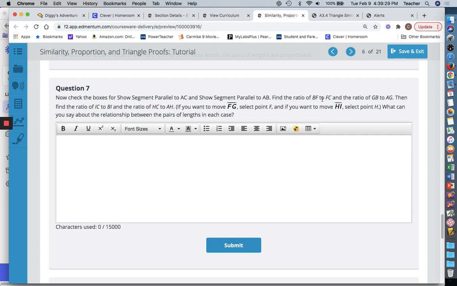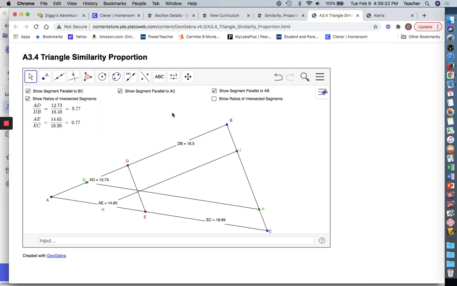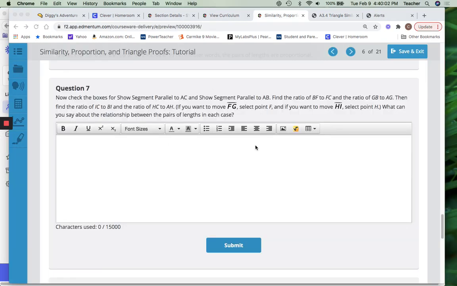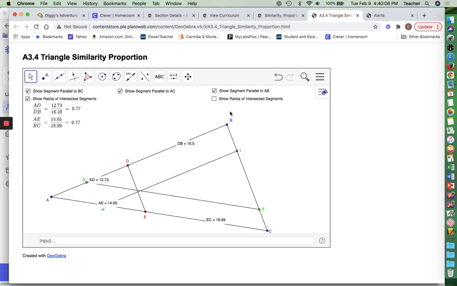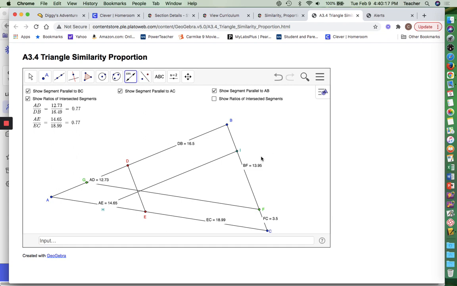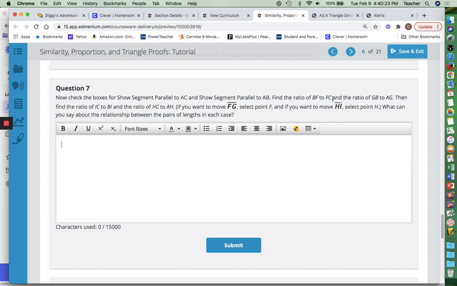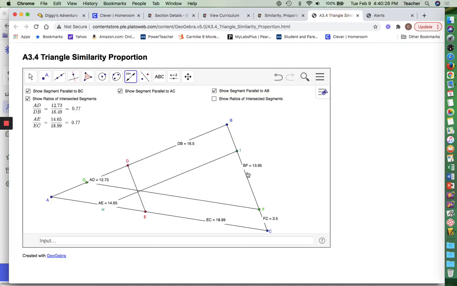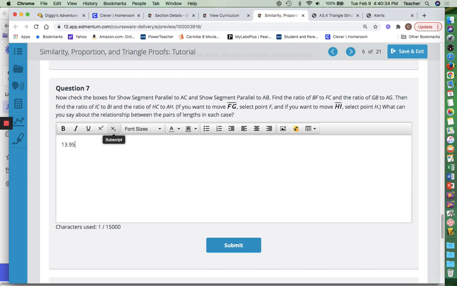Okay. BF to FC. I've got to find the lengths of BF and FC, so come over here to distance or length. BF, FC. It looks like I'm going to take 13.95 divided by 3.5.